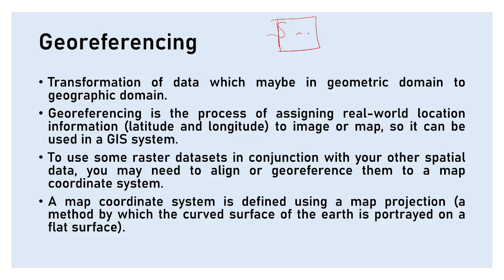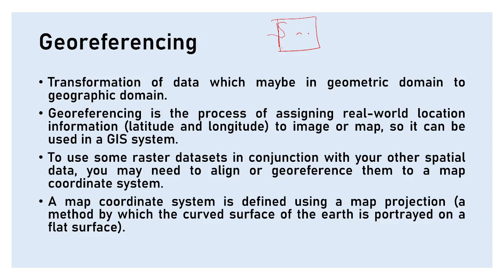So first you will digitize it, so it comes into the geometric domain, that is, it is in the image format. Then you have to change it into the geographic domain, so that latitude, longitude values are inserted into this particular image, so that you can see the locations and use it for location purposes.